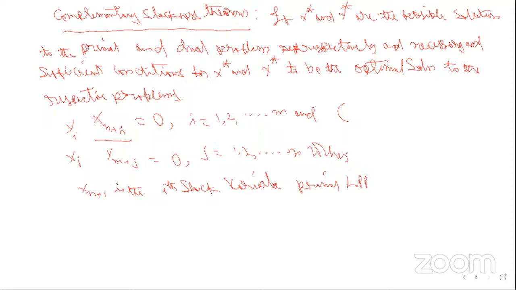Surplus variable here, y m plus j is the jth surplus variable in dual LPP.